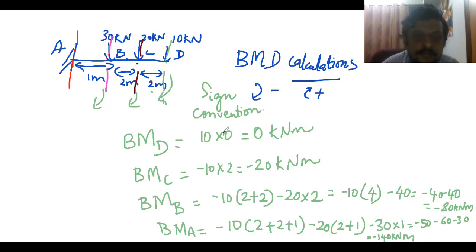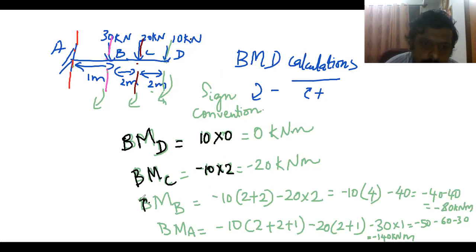Okay, students. So that is with respect to the bending moment. So bending moment at D is 10 into 0 because there is no force acting, and bending moment at C will be minus 10 into 2.